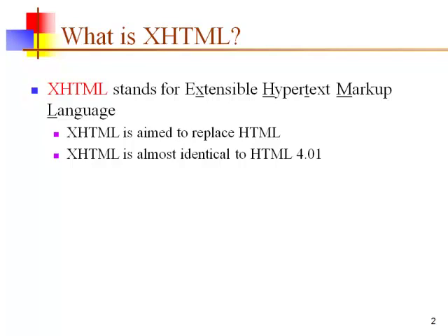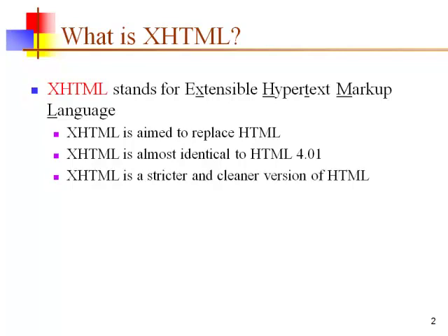It's almost identical to HTML 4.01 version, and it is a stricter and cleaner version of HTML. I can say the extension of HTML is nothing but Extensible Hypertext Markup Language, that is XHTML.